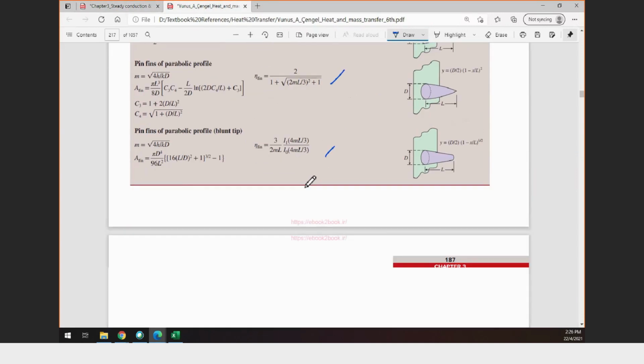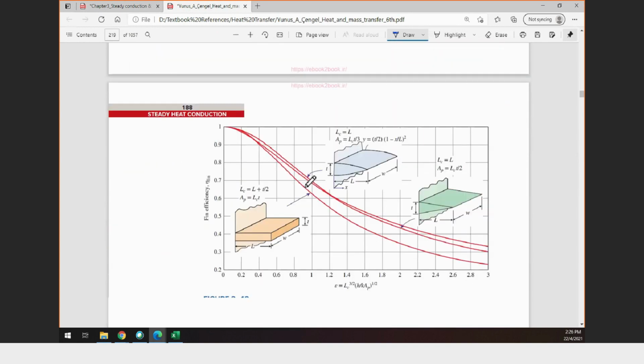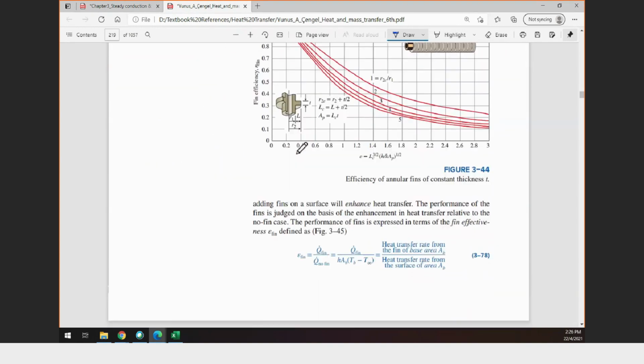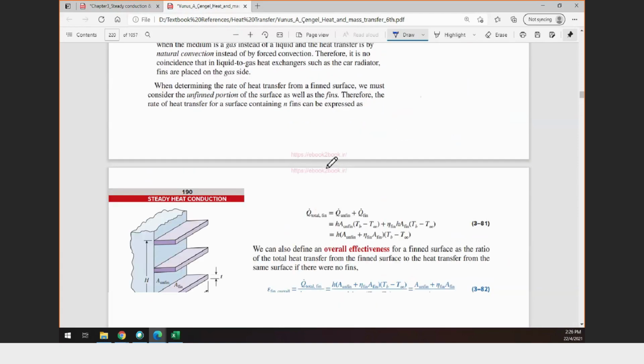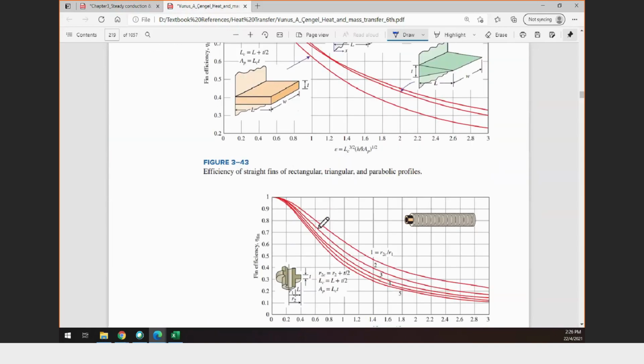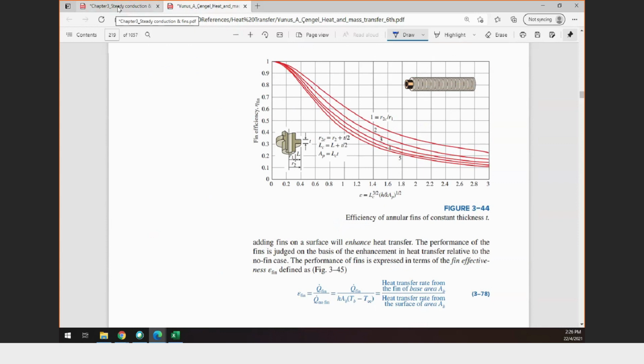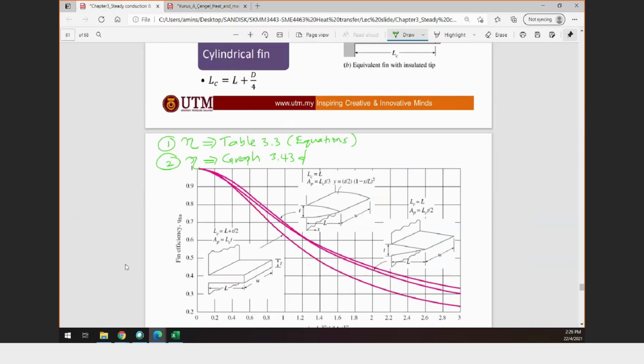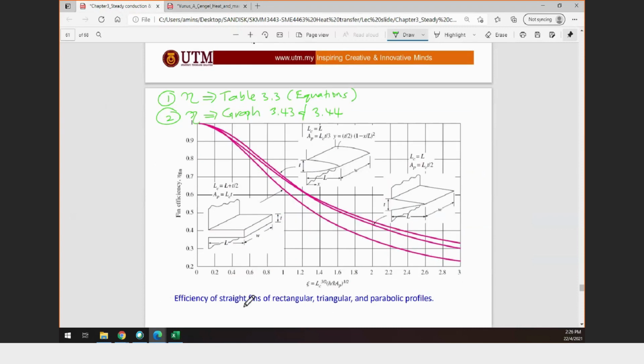In the textbook they give you graph 3.43 and graph 3.44, only these two. You just need to use this graph without involving a lot of calculation related to m, the area and so on.